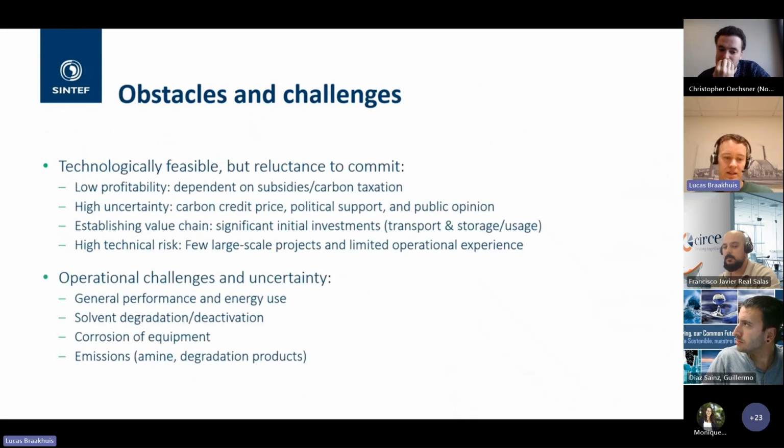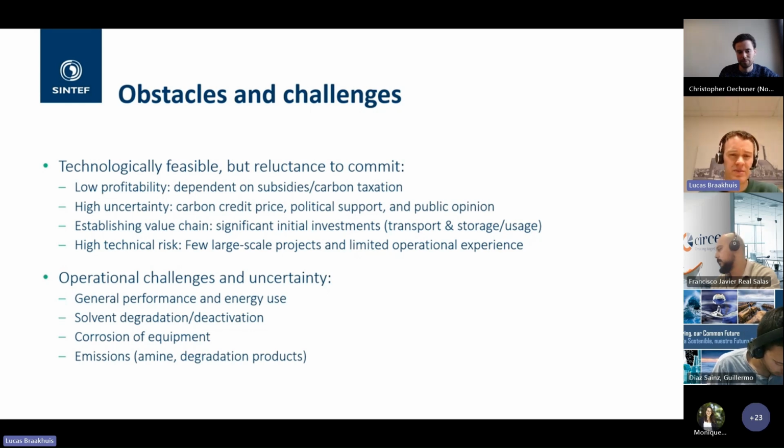So if you look now more in general at these absorption-based capture plants, we see that technologically they are feasible, but there's a reluctance to commit from different companies or governments. And I've listed some of the main reasons for that here. So first, of course, is low profitability.